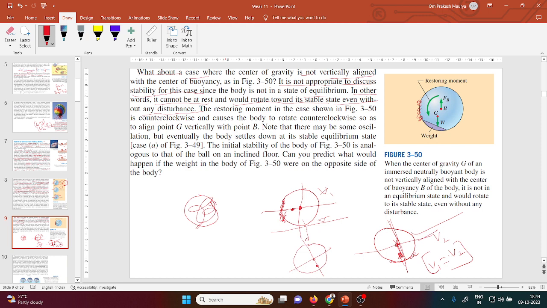At this condition, it will be stable, but it will rotate. After rotation, maybe half a rotation, or maybe two-thirds of a rotation, it will reach the stable condition. But it will rotate.